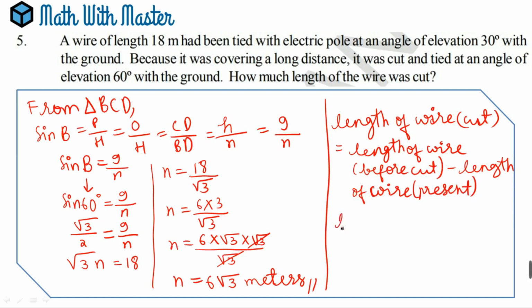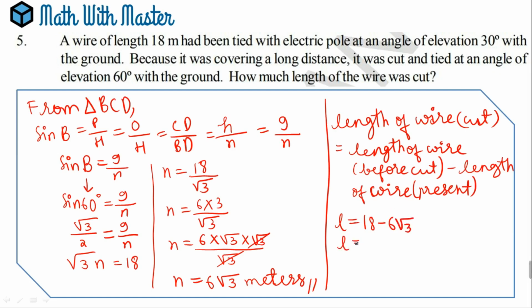So length of wire which was cut is equals to, what was the total length of wire before cutting? It was 18. And what is the length of wire at present? It is n, which is 6 into root 3.